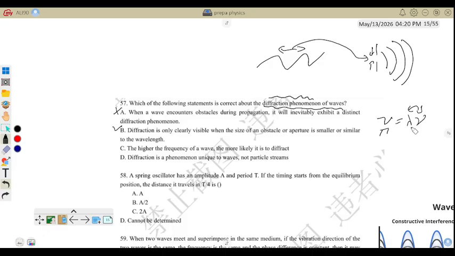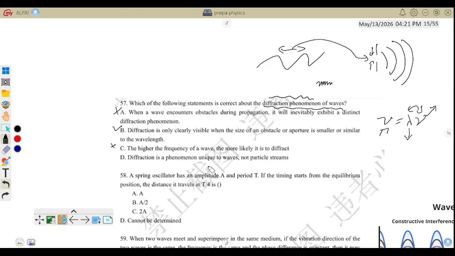As the frequency gets higher, the wavelength gets very small, and in this case the diffraction wouldn't be observed easily. To observe the diffraction phenomenon, it would be better to use waves with a very low frequency. In that case, the wavelength would be greater.